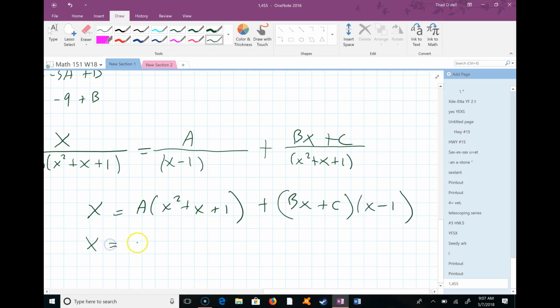So I get x equals ax squared plus ax plus a plus bx squared, plus cx minus bx minus c. Sorry, I was going in a different order than whoever said that, but you were right if you were doing it in a different order than I was.